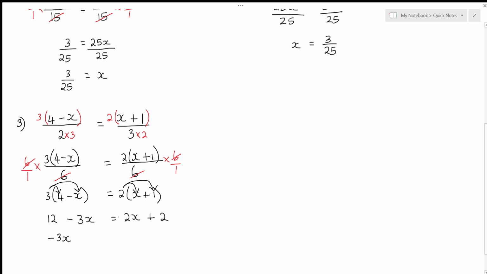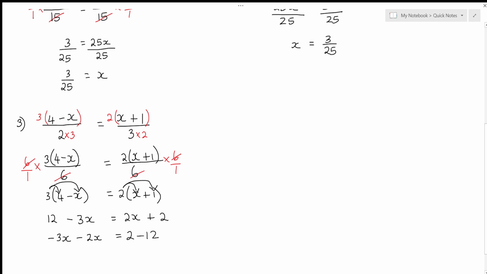Because 2x minus 2x will give me 0, I need to minus 2x on the left hand side. On the right hand side I have 2, and on the left hand side I have 12, and I need to move 12 to the right hand side. In order to move 12 to the right hand side, I must minus 12 on the left hand side, therefore I'm going to minus 12 on the right hand side.